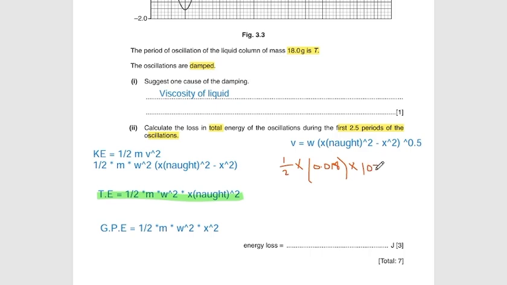Once you found omega, you can just square it. 103, and then you have omega square, and then you have x naught square.